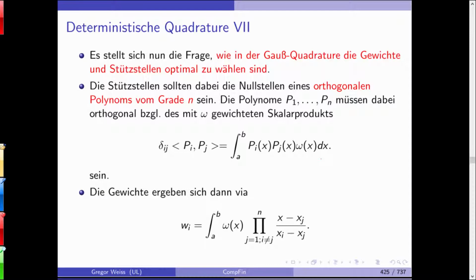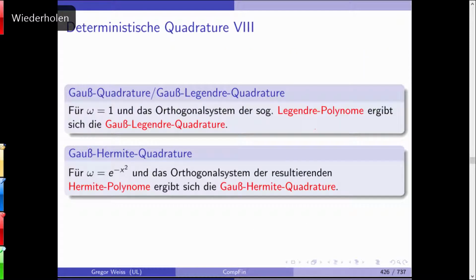These weights are known. You can simply insert the number of nodes you're using. So if you're using 10 nodes, simply set n to 10, and then you see x minus xj and so on. You need the nodes, but those nodes are the zeros of these polynomials. A little bit more specific.